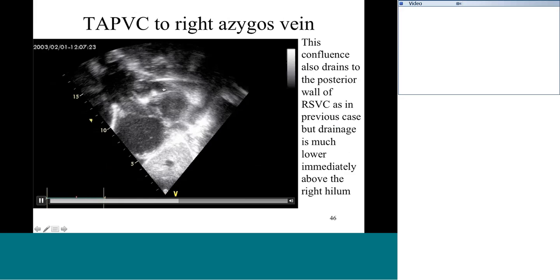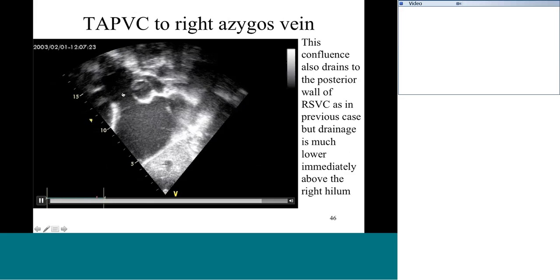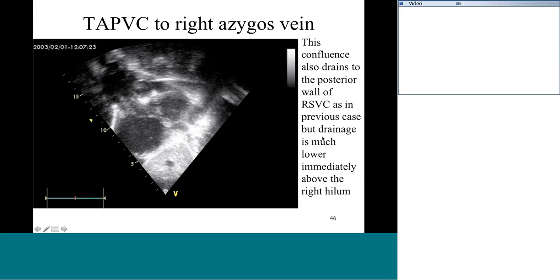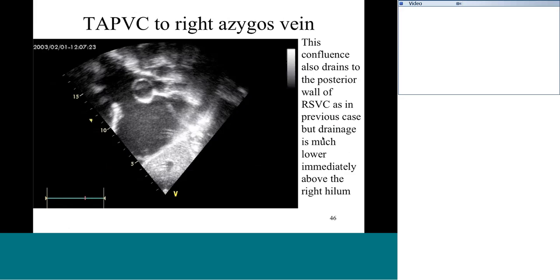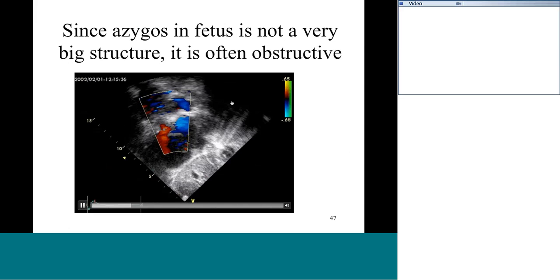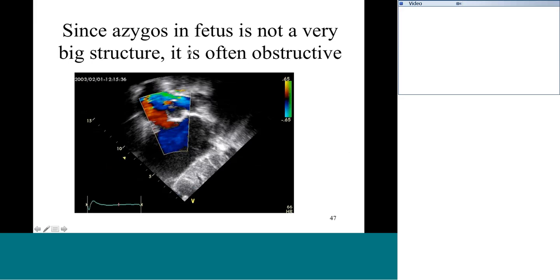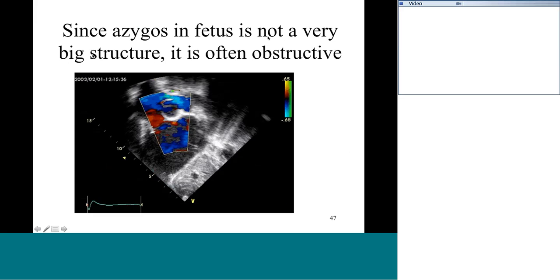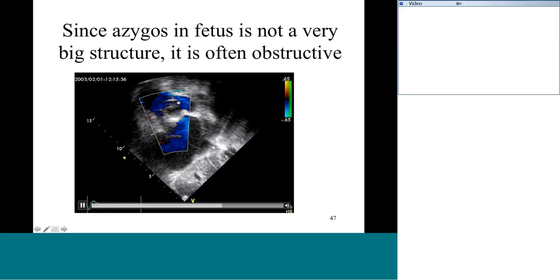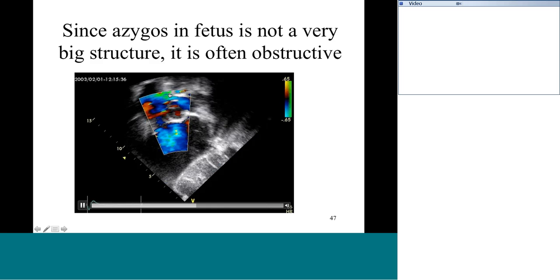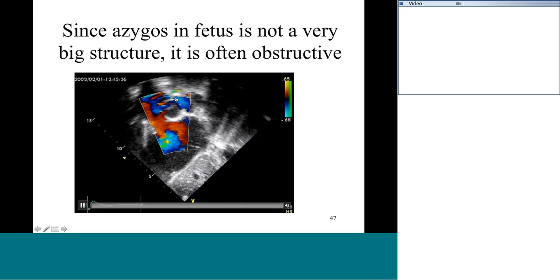This is the right azygous vein TAPVC. All four pulmonary veins join together, go through the azygous vein and drain into the right superior vena cava. Now, there is a subtle difference between this right azygous TAPVC and right vertical vein TAPVC. If you see the right azygous vein in the fetus, it is not a very big structure, and so most of the time it will be obstructive. In fetal life, this does not become very large because after all it is a posterior cardinal vein.